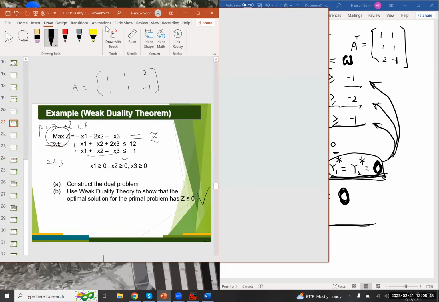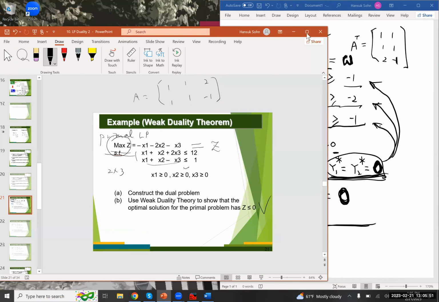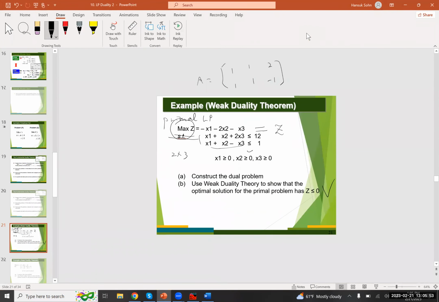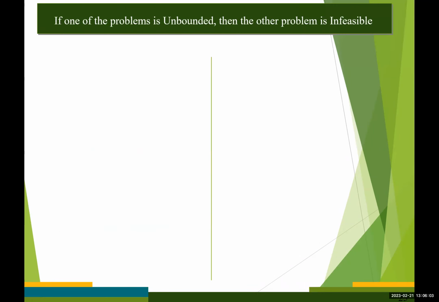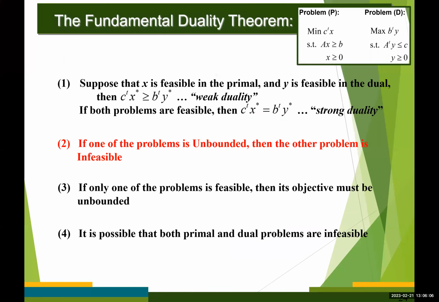Okay. Now let's go back to our slides. Now I'm going to show you that if one of the problems, either primal or dual, has an unbounded objective function, then the other problem is infeasible.